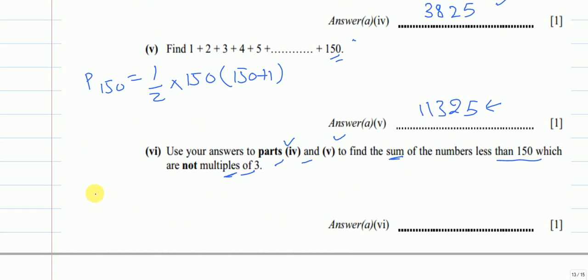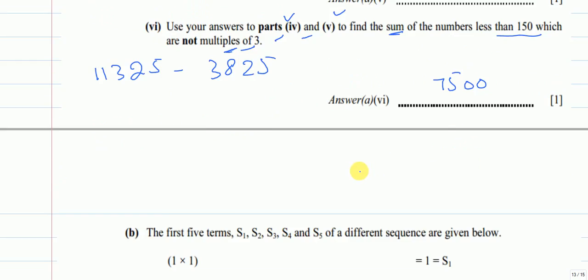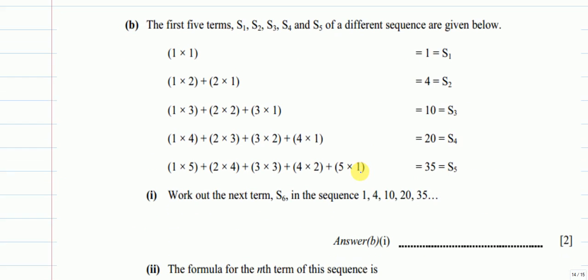So it will be 11325 minus 3825, and that's how we use our parts 4 and 5, and you will get 7500. Okay, now let's see the next part. Part B. Again we have a slightly different sequence, and we have to work out the next term as 6 in the sequence.